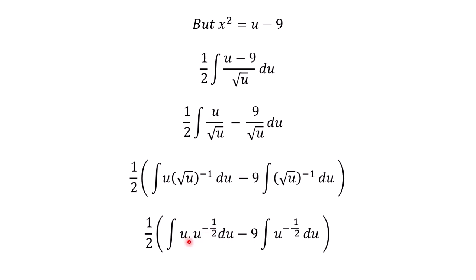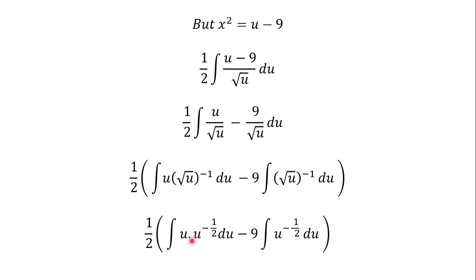You remember u dot u is the same as u times u. In math, when you see a dot, maybe 1.5, 2.5, here we are not dealing with decimals.